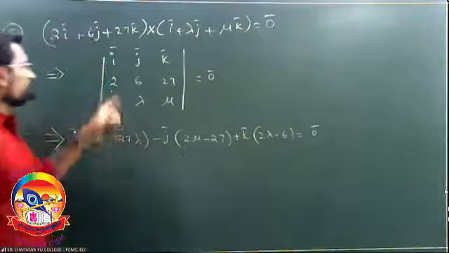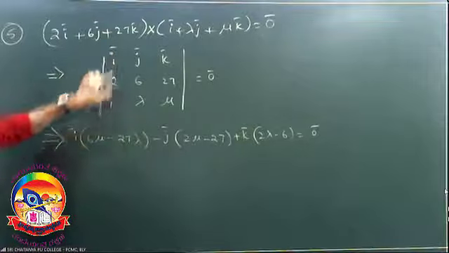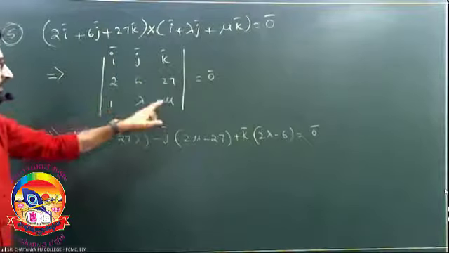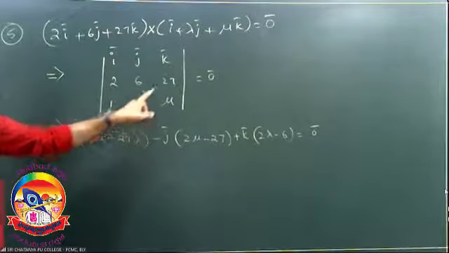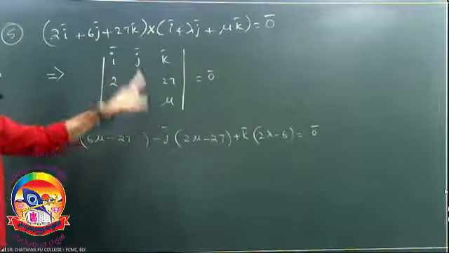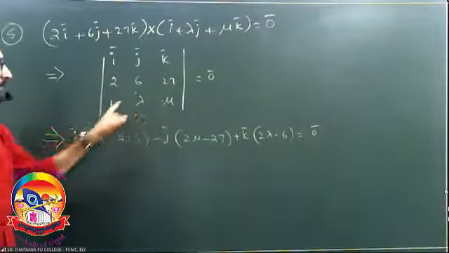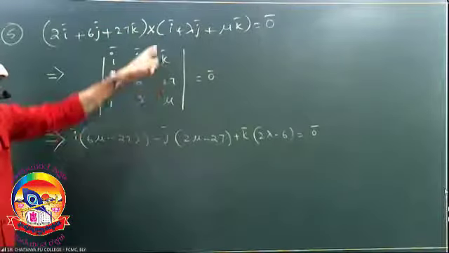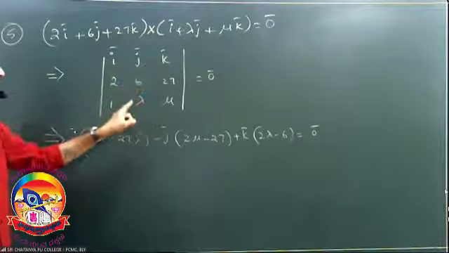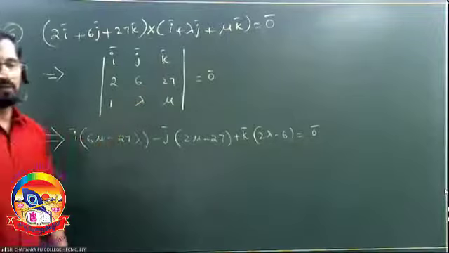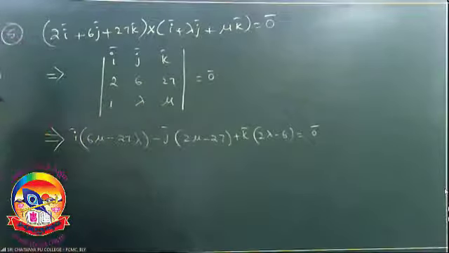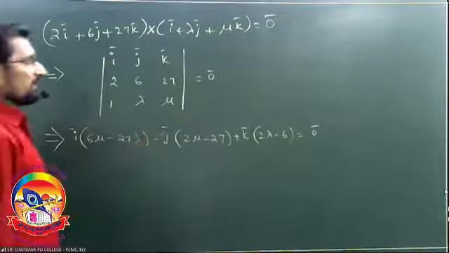Now observe, i bar, excluding this column and this row, 6 mu minus 27 lambda, minus j bar into 2 mu minus 27, plus k bar into 2 lambda minus 6, is equal to the null vector. Now, what is that null vector called?